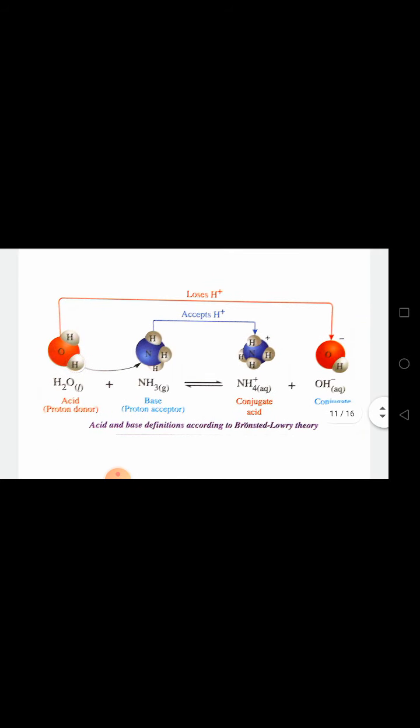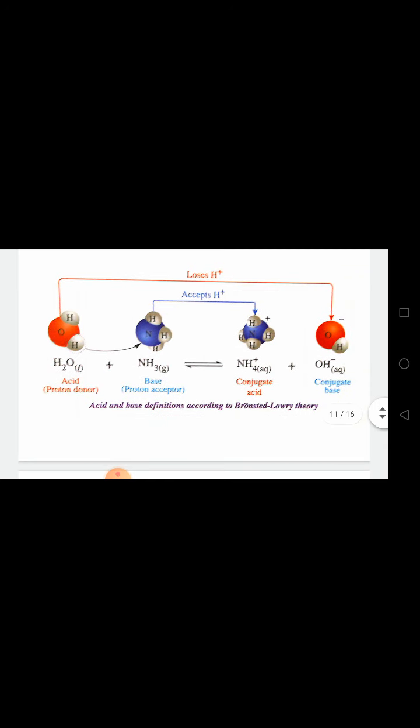When acid and base react together, like in this example, the reaction of ammonia and water, water donates a proton to ammonia. So water is the proton donor and ammonia is the proton acceptor. So water is an acid while ammonia is a base.